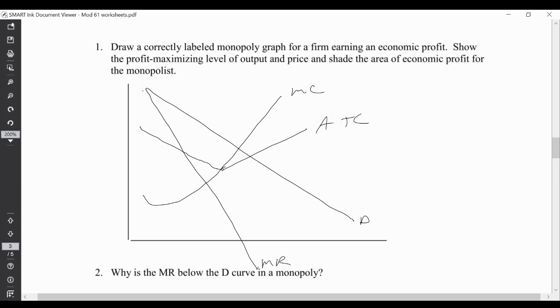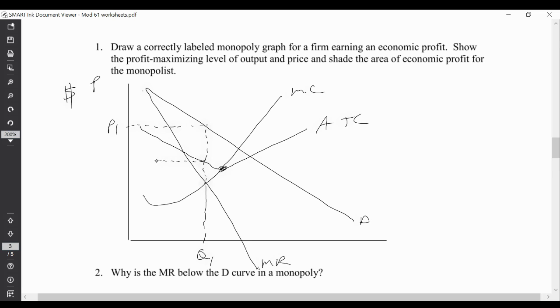Remember, the average total cost intersects at the low point. So we're going to produce where MC equals MR, right? This is the quantity right here, Q1, where MC equals MR. Here is the price up here. They're going to charge this price right here, so we'll call that P1. But where does that quantity Q1 intersect the average total cost curve?